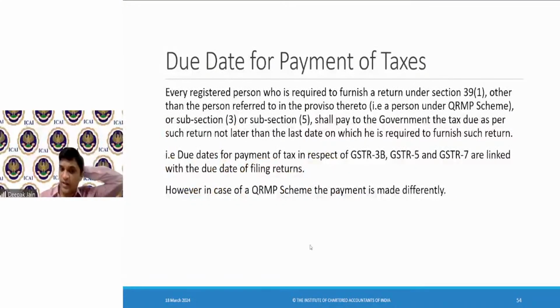So if any liability arises at the time of filing annual return, then when will this be paid? Okay. Generally, you have to make your payments with the monthly returns. Now, in case of annual returns, the liability arises on the normal monthly returns itself.